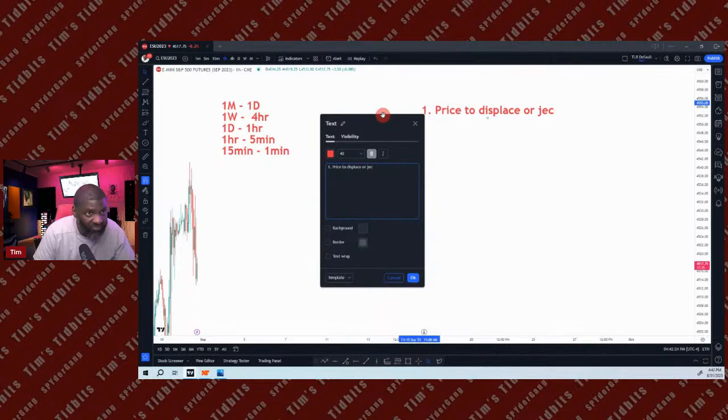Reject a high or low. High or low. Right? That's 1. Now I like using it as a contrarian trade, which means you're looking for the reject. Right? You're looking for a reject.